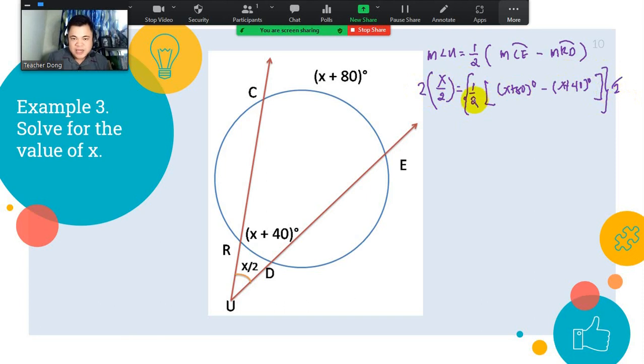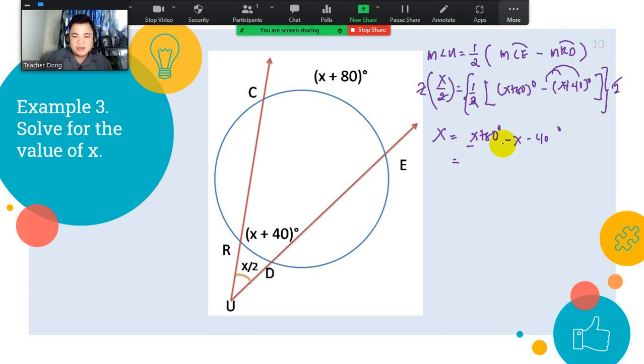So this will be cancelled, and this will also be cancelled. So therefore, x is equal to x plus 80, and then distribute negative in the binomial. So negative x minus 40. Then after that, combine the similar terms.